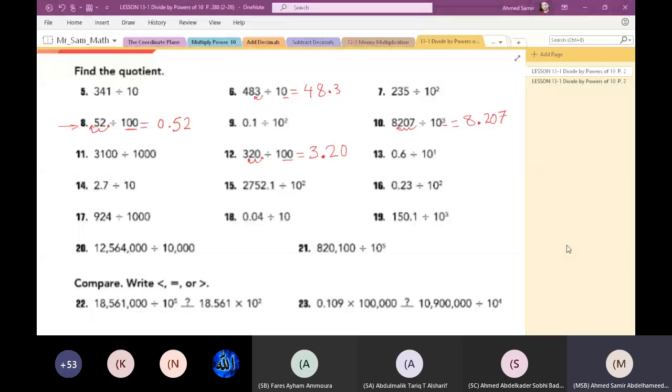Can I ask a question? Hamza, yes, of course. Ask me whatever you want. In number 12? Yeah. Do you need to add the 0 to the right? It's not necessary.